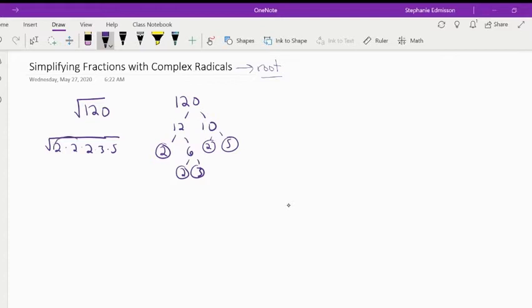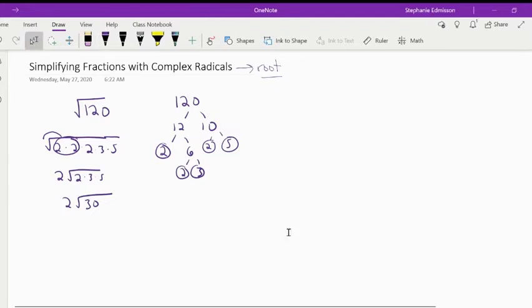Now we circle our pairs. We only have one pair of numbers there, and that's going to go out. So we're going to have 2 root 2 times 3 times 5, which is 2 root 2 times 3 is 6, 6 times 5 is 30. So we have 2 root 30. And that's it for that one.